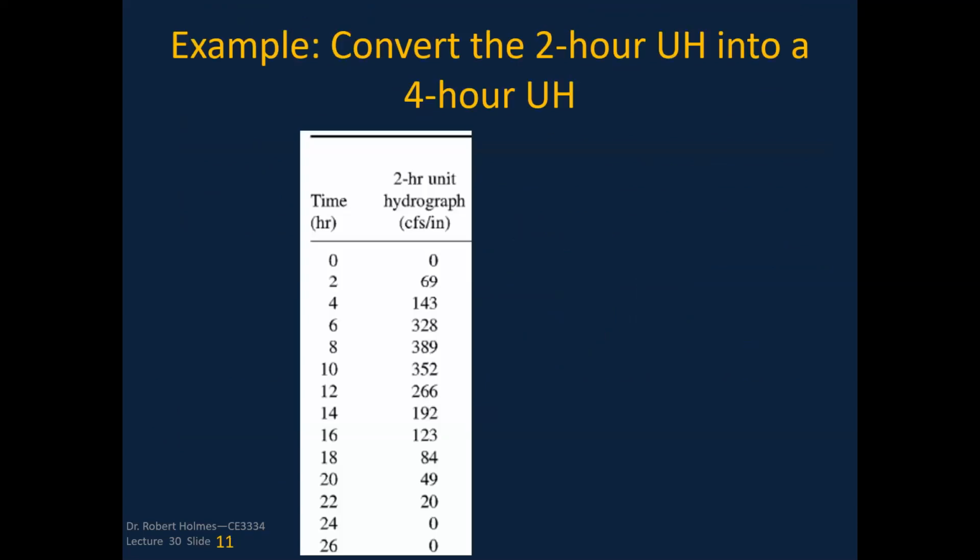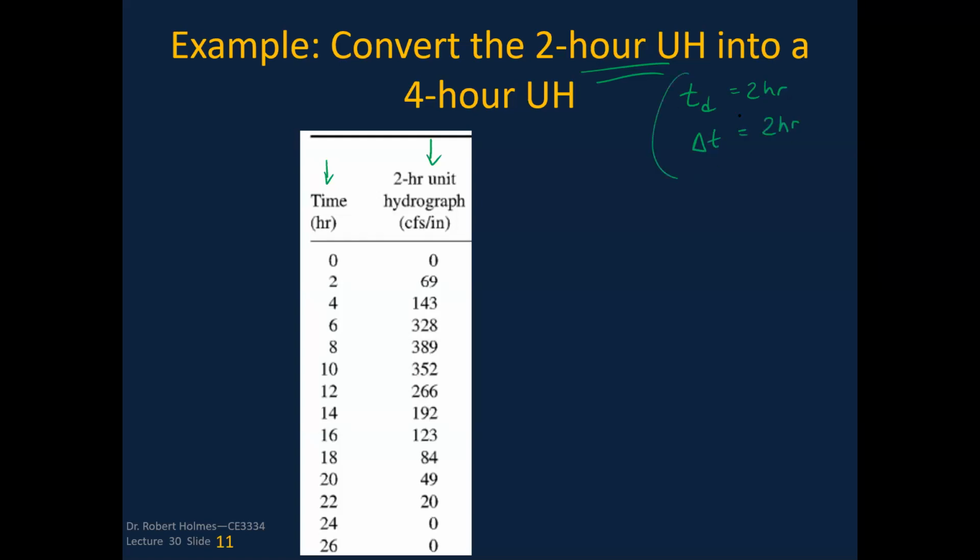All right, so we're going to cover an example in the classroom, but you can prime yourself by looking through the slides. I've got an existing unit hydrograph that's a 2-hour effective duration, so that would be TD equals 2 hours. If you looked at the one slide, that's delta T, 2 hours.